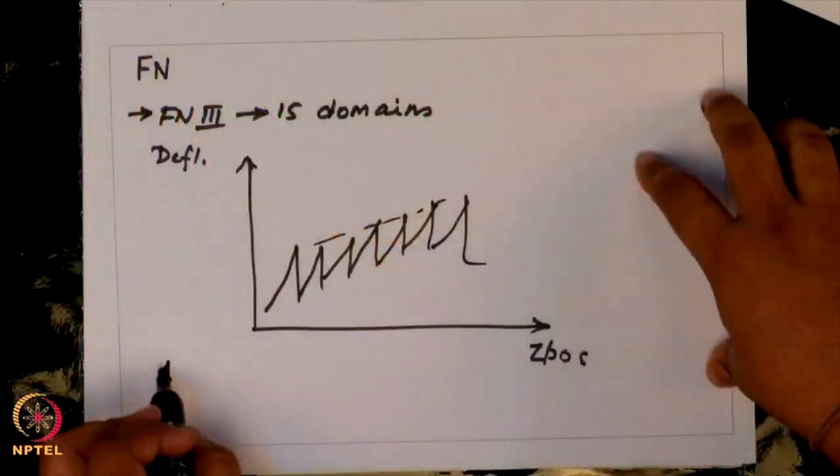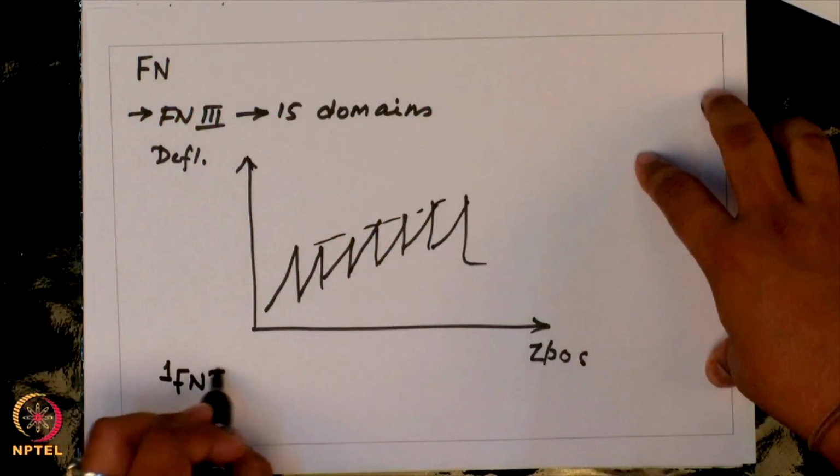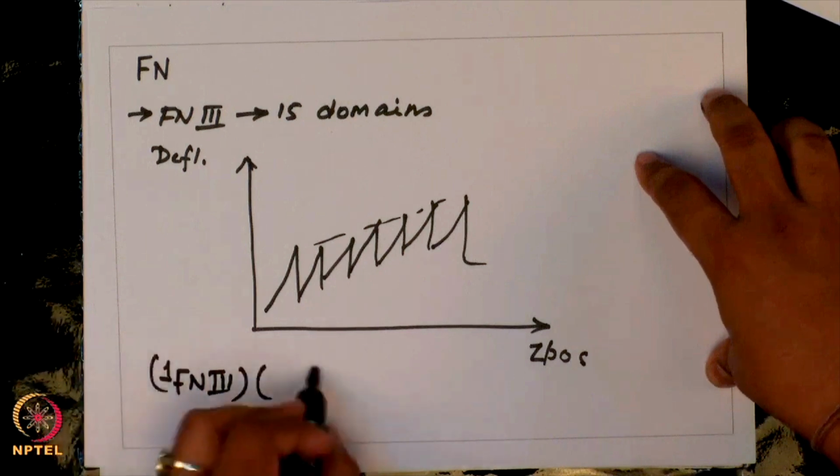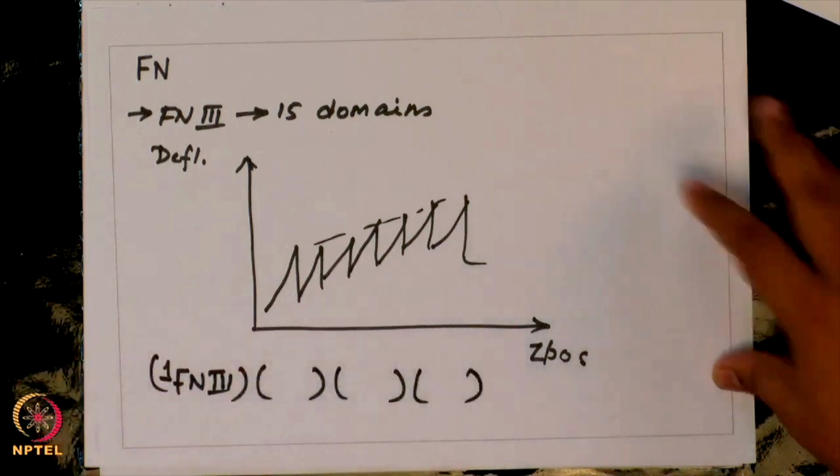For this reason, you have to construct proteins, you have to engineer proteins which have, let us say, domain 1, FN3, this domain repeated, and so on and so forth.